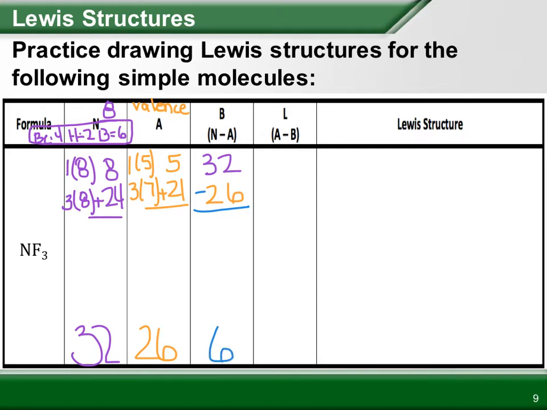Now that is telling us that there are 6 electrons involved in bonding. But remember, a bond is going to be represented by a line, and technically there is 2 electrons per bond. So in order to get the number of bonds, we need to divide the 6 by 2, and that will give us 3 bonds for our Lewis structure.